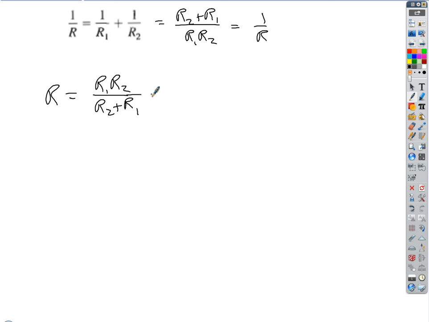Okay, if I differentiate both sides, what's that going to give me? I'm going to get R dot equals a mess. It's a quotient, and I've got a product in the top. It is a mess, but let's just apply the quotient rule here. So I'm going to get the bottom, which we know, both of those things are given to us, times the derivative of the top. Well, what's the derivative of the top?